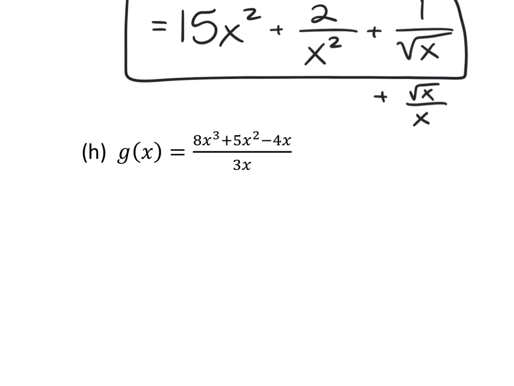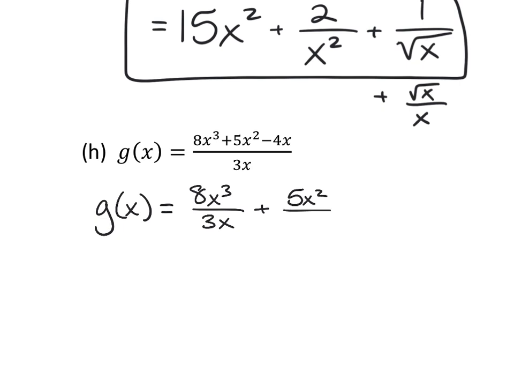So instead, I'm going to see if I can simplify this down to utilize it as a sum and difference formula. Meaning, I'm going to take g of x, and before I take the derivative, notice I didn't put the tick mark, I'm not doing the derivative, I'm just going to split this fraction by its denominator, basically undoing the fact that all three of these terms have a common denominator of 3x.